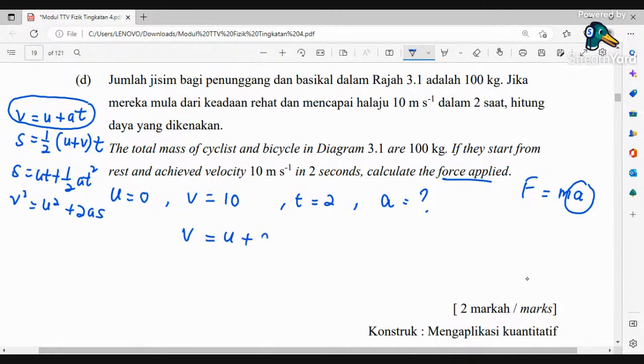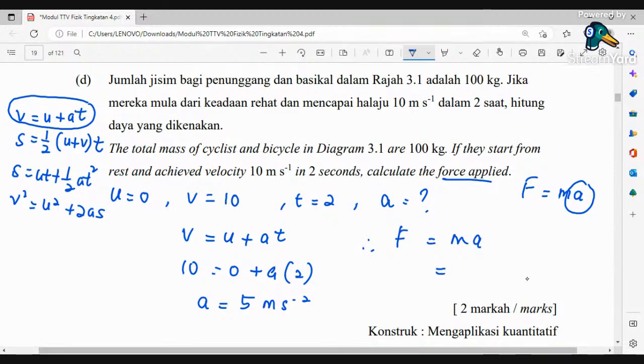So V equals U plus AT. Okay, 10, 0, A, 2. So you got A ialah 10 divided by 2, 5 meter second negative 2. Okay, now force applied. F equals MA. M ialah 100, A ialah 5.